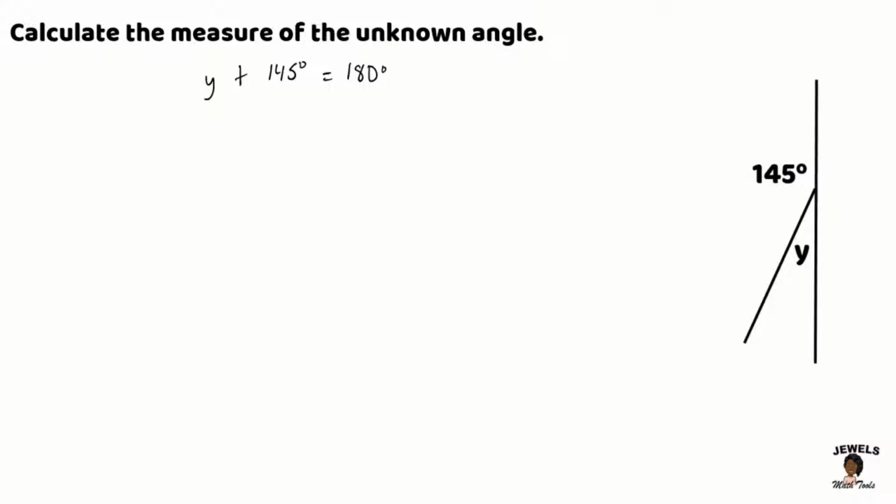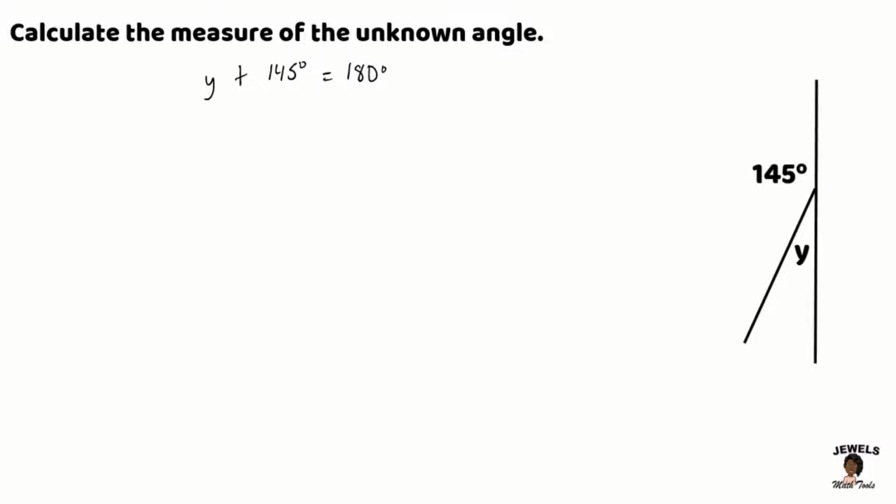So these two angles, which are angles on a straight line, are limited or confined to that measurement of degrees. So my angle y plus 145 degrees will sum to 180 degrees.